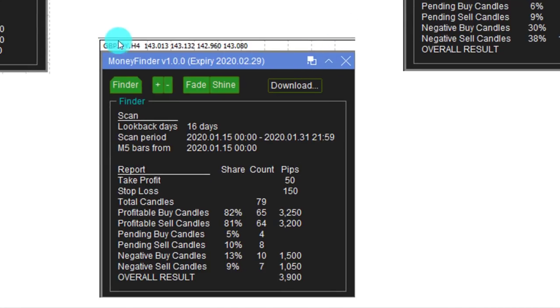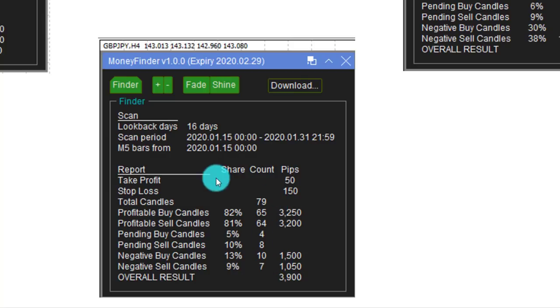Now then we move to the 4 hour, and again I've used controversial take profit and stop loss settings there, 50 for a take profit, 150 for stop loss, and it has resulted in almost 4,000 pips based on only so few candles.